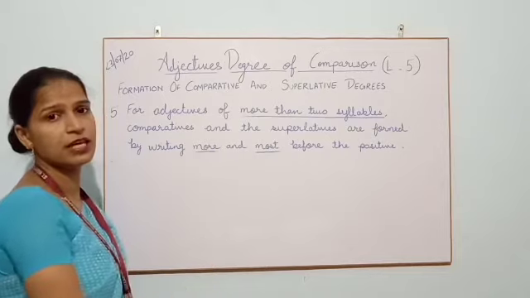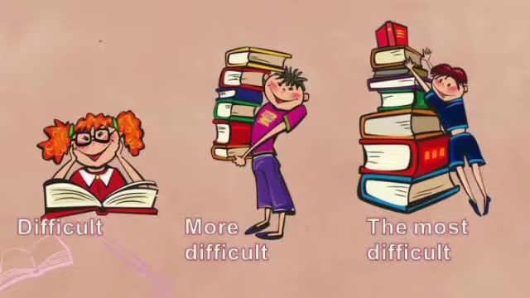Now we will see a few examples. I have taken the word difficult to explain here. Children, this word difficult will be more difficult in the comparative degree, and most difficult in the superlative. According to the picture, the child has one book to study, which means she has to do a difficult task.